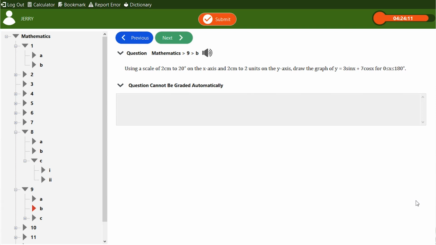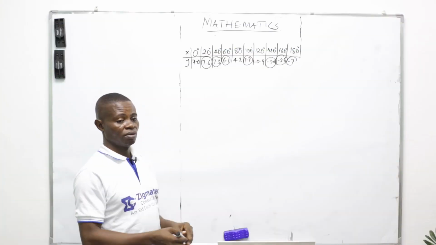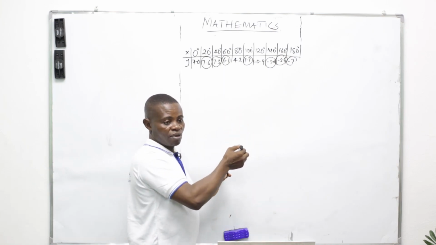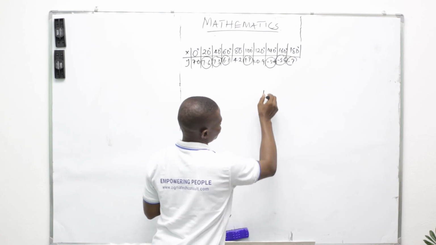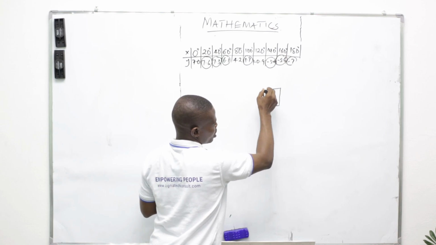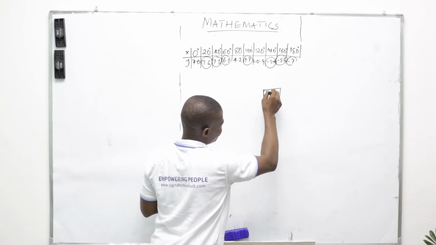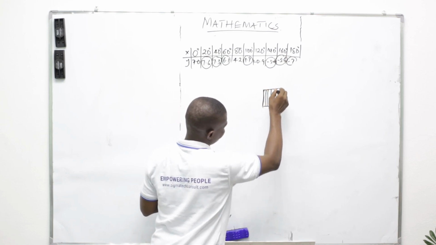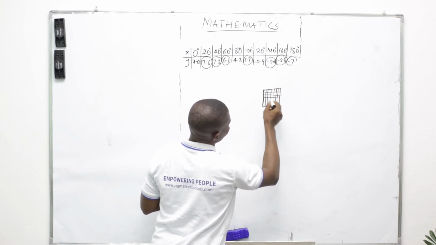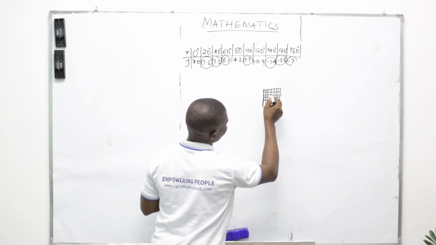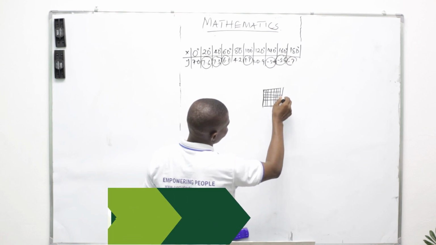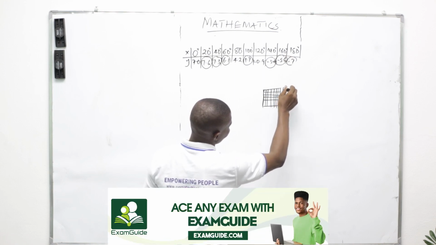On the whiteboard, as you're watching this video, just get your graph and look at your graph very well. You can see that you have a box like this. Take your time to count the number of squares in this box. One, 2, 3, 4, 5, 6, 7, 8, 9, 10.